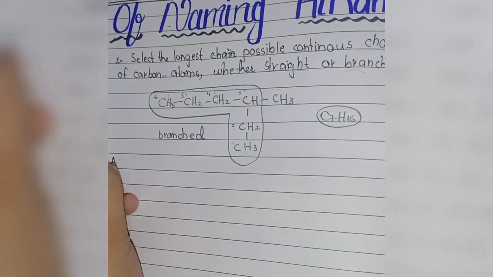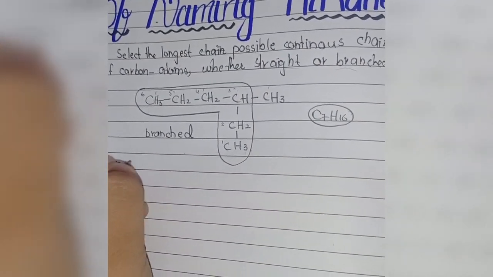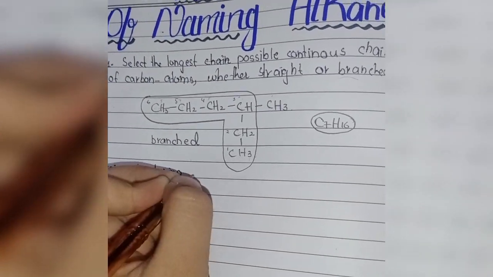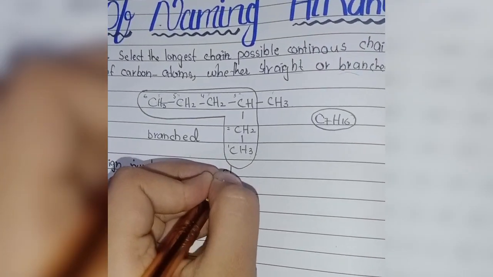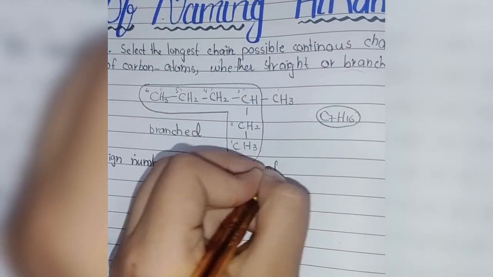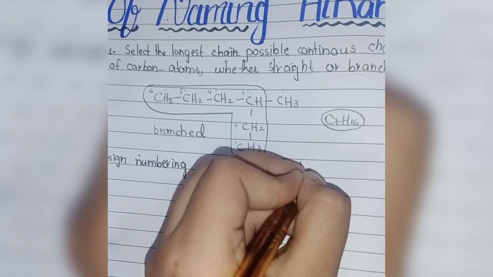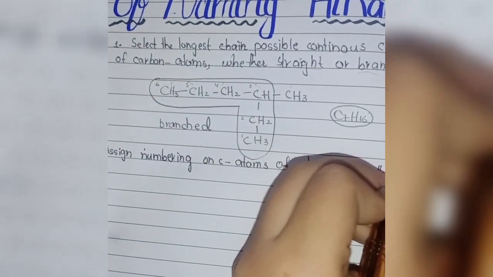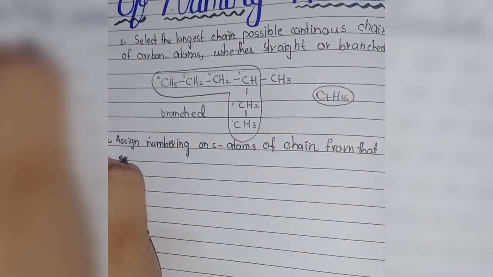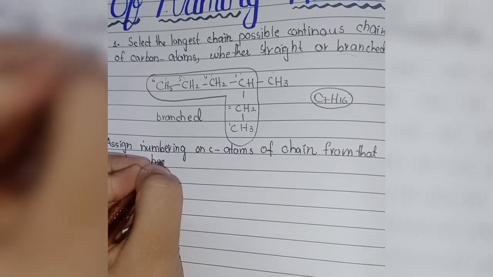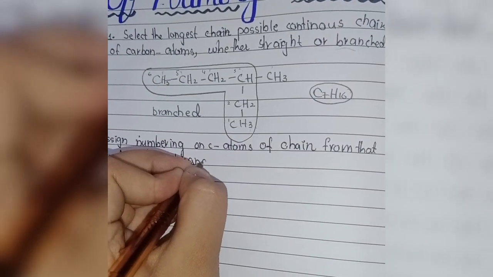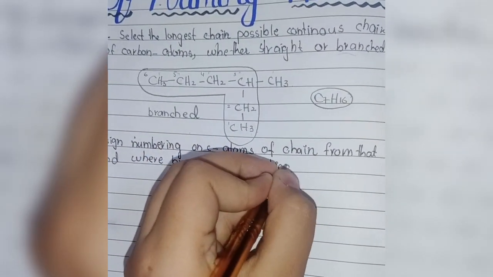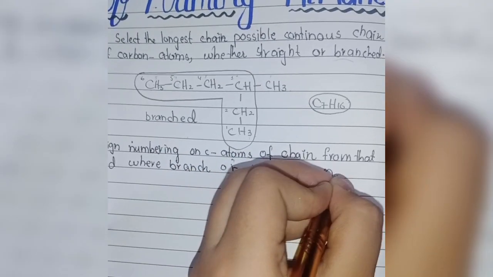Let me write here: assign numbering on C atoms, carbon atoms of the chain, from that end where the branch or radical is nearer.